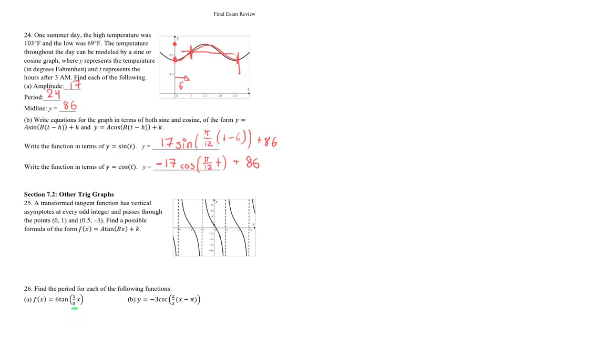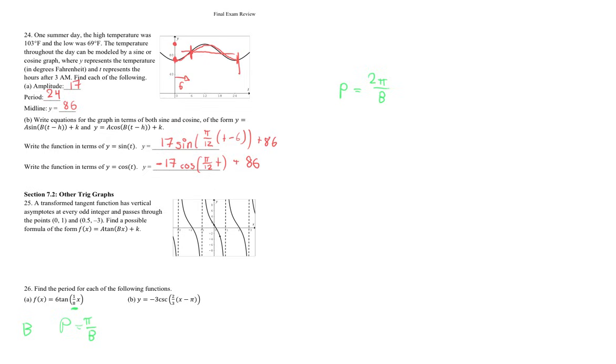So we know that this is b, and for tan functions, our period is equal to pi over b. So if we know our b is 1 over 8, then p is equal to pi divided by 1/8, which is equal to 8 pi for part A. For part B, our period is back equal to 2 pi over b because it's not a tan function.